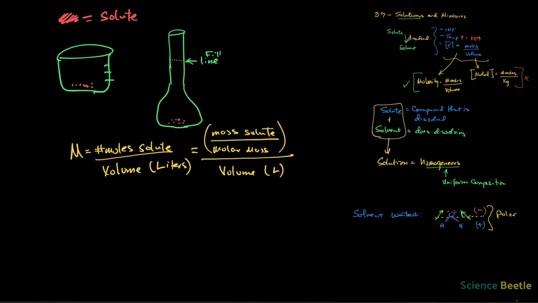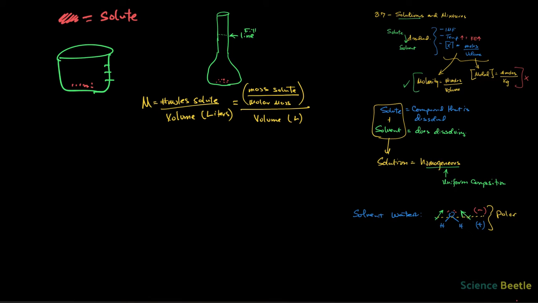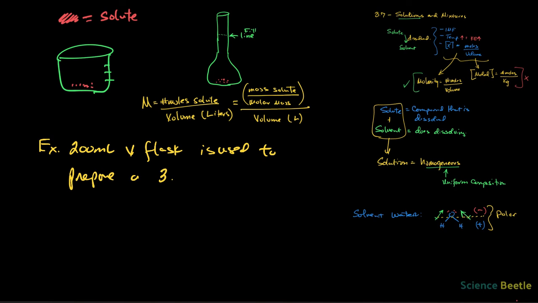So let's go ahead and look at an example. Let me move some of this stuff up here, make a little bit of room for ourselves. Let's say that a 200 milliliter volumetric flask is used to prepare a 3 molar solution of, let's be kind of simple here, lithium hydroxide, LiOH.